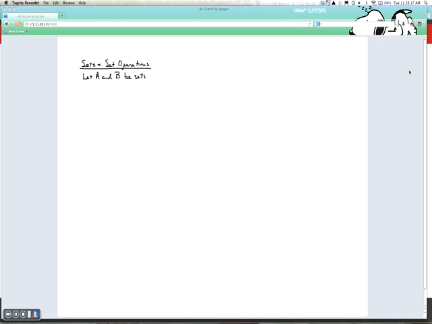Let's let A and B be sets, and let U be a so-called universal set that contains both.